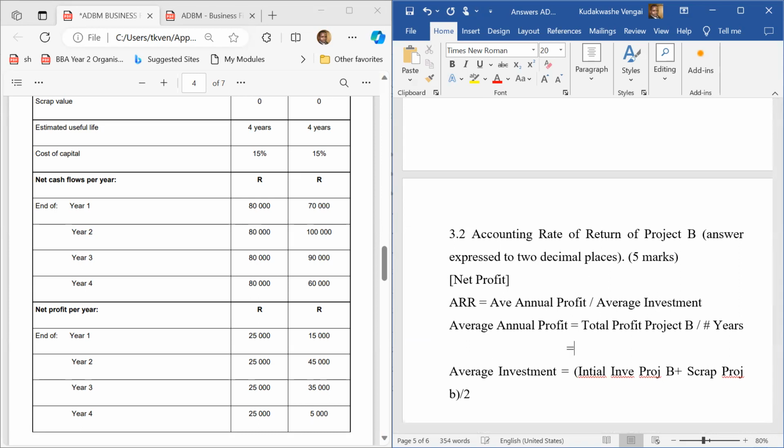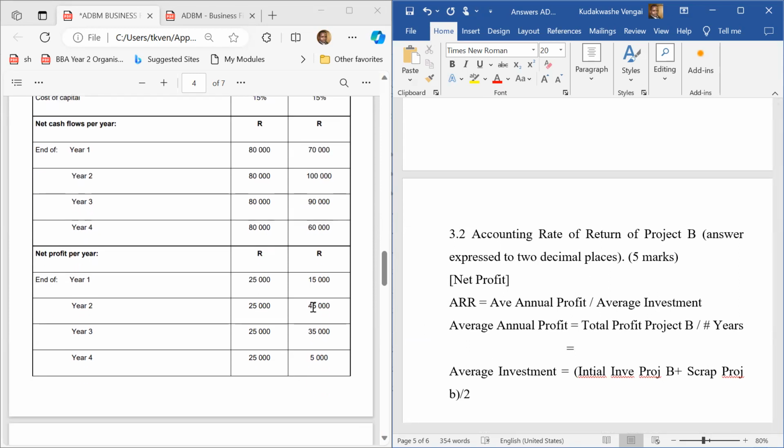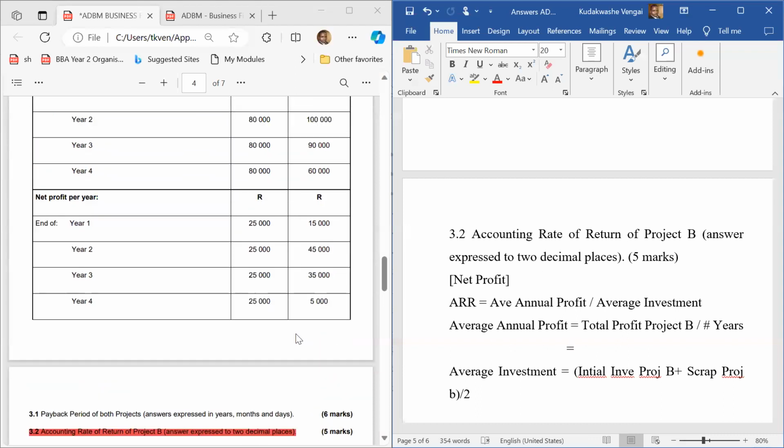So let's do the first one, which is our total profit. We're just going to add up all of the figures there. Please don't make the mistake of adding cash flows. 15,000 plus 45 plus 35,000 plus 5,000, and then we get 100,000, right? So 100,000 divided by number of years, which is 4, and then we get our average profit of 25,000 per year, right?